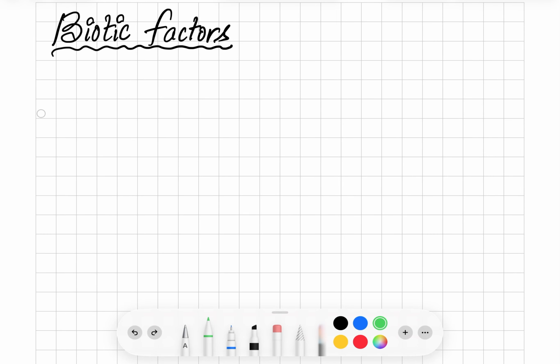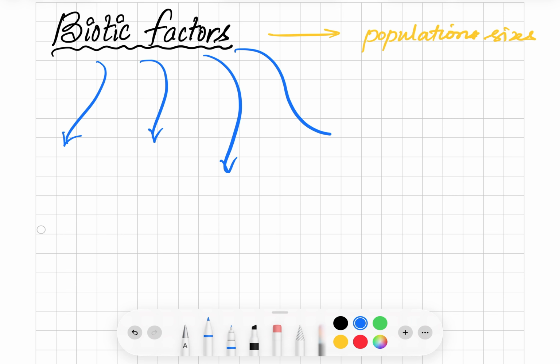Right, hello everyone. Now we're going to look at the biotic factors and how they can also affect the population sizes in the environment, in an ecosystem, which can also have a big consequence. Okay, so what are all the biotic factors that can actually affect the population sizes, do you think?